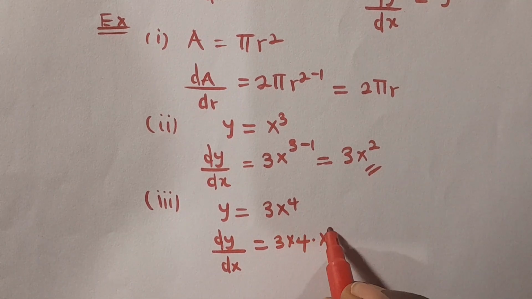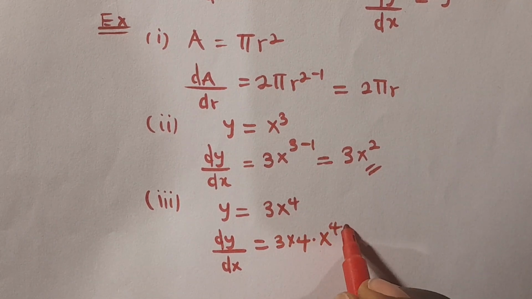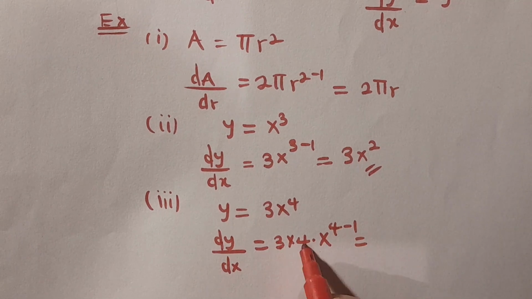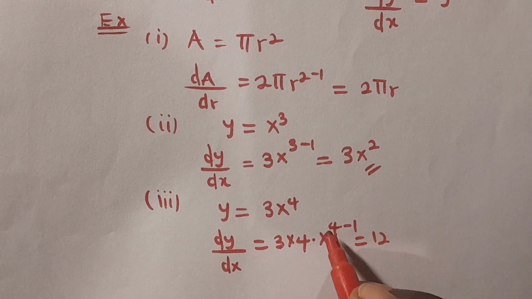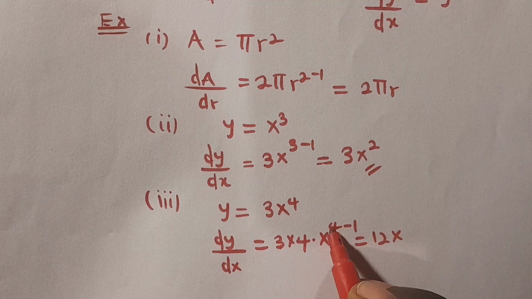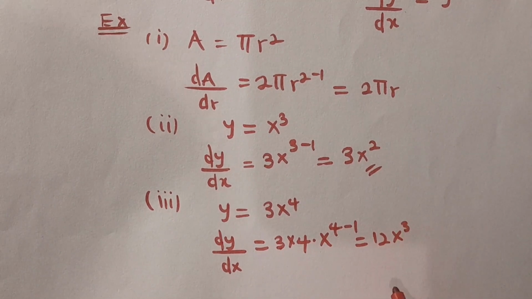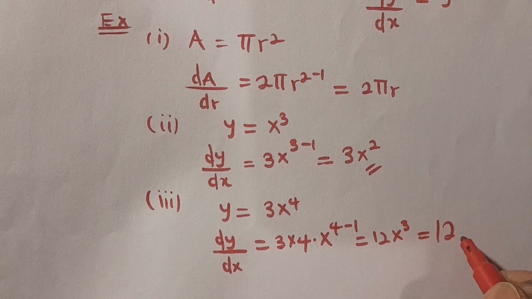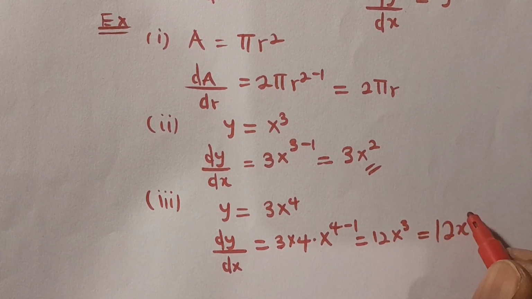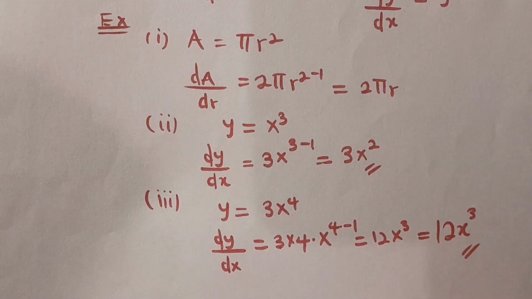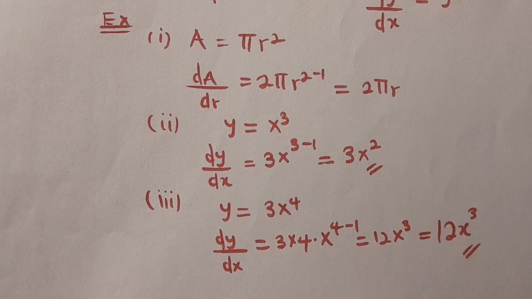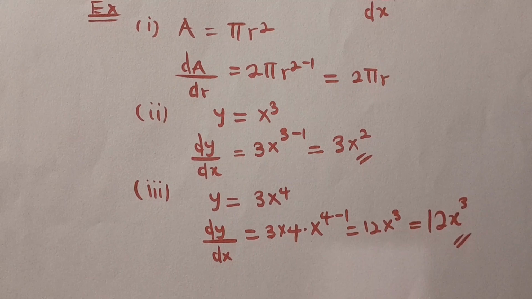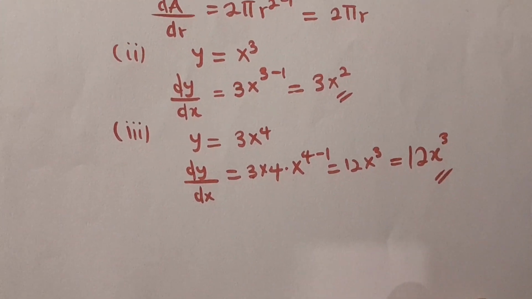This x will now be 4 minus 1. And so this one will now be 3 multiplied by 4 will be 12. Now this one will now be x, 4 minus 1 will now be 3. So we have this one to be equals 12x raised to power 3. And that's the idea behind the differentiation.